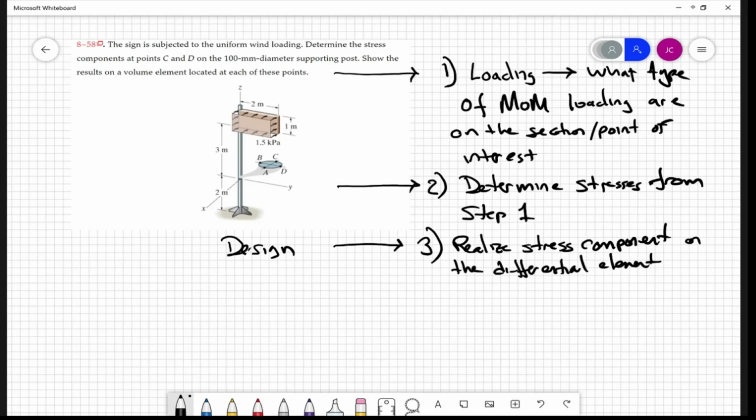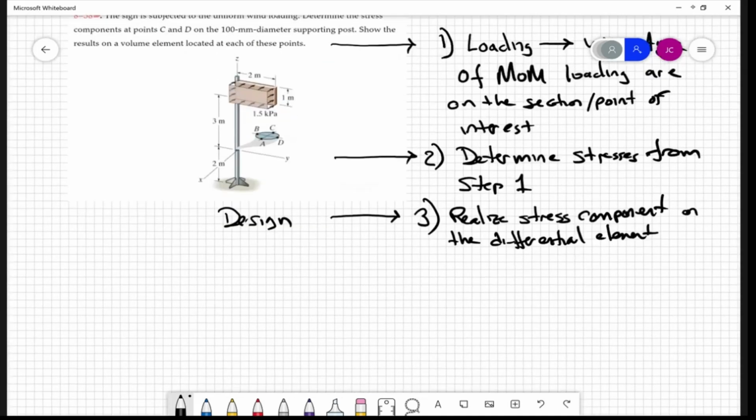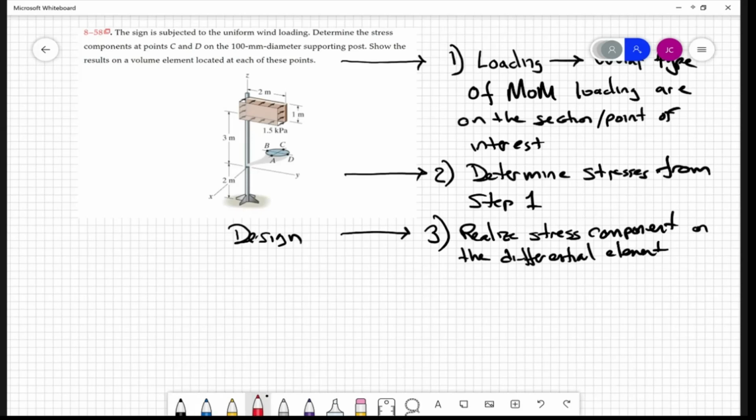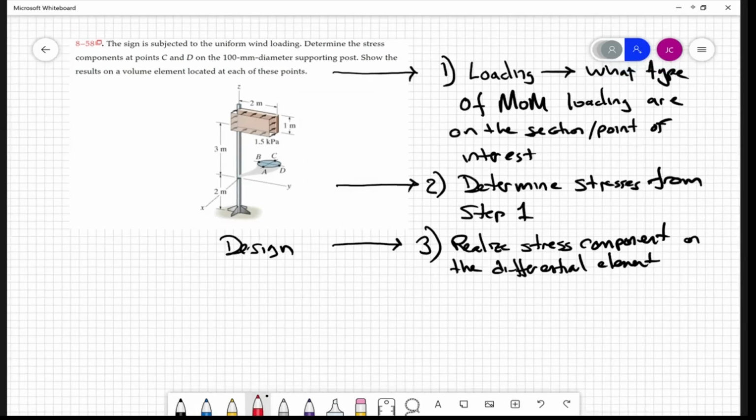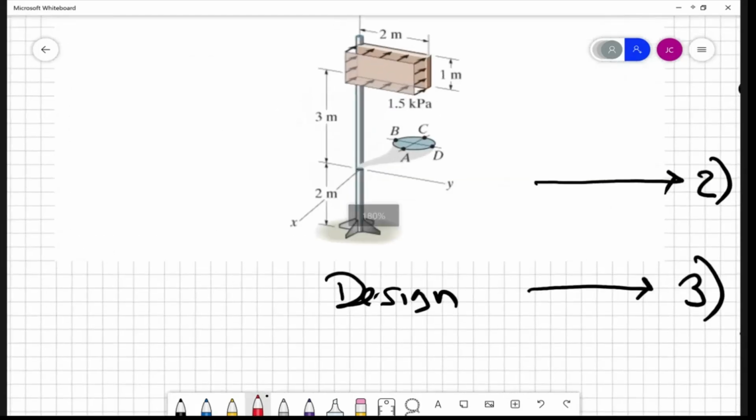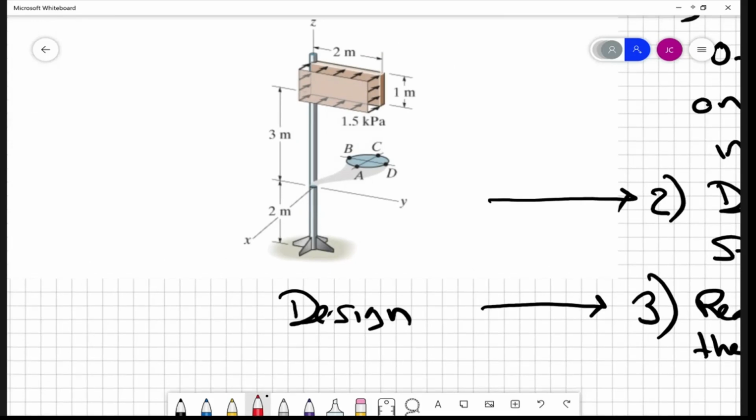So step 1, let's look at the loading we got here, and let's figure out, because of that wind loading on the side, what does that do at the cross section 3 meters below the sign, okay? So the first thing you can do, obviously, is you got a distributed load here. The effect that it's a distributed load doesn't really affect what's going on so much at the cross section.